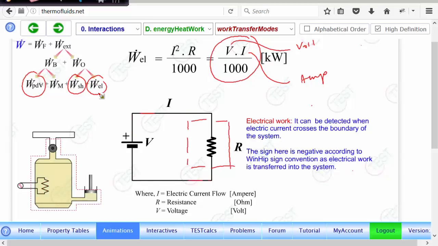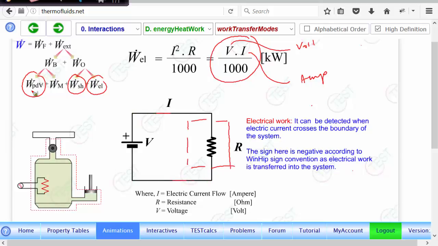If you're producing electricity, you'll be gaining money. Shaft work is also quite easy to figure out, because you'll probably find a shaft turning a paddle wheel inside the system. You have to supply the power to turn the paddle wheel. So the shaft is carrying energy in or out. Generally, to recognize shaft work, you will see a shaft crossing the boundary. Nothing can be more obvious.